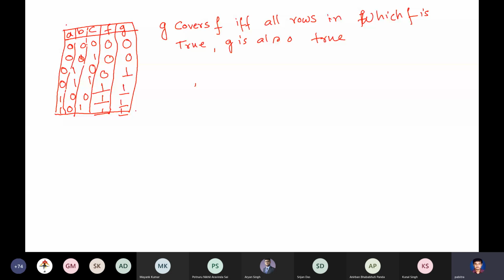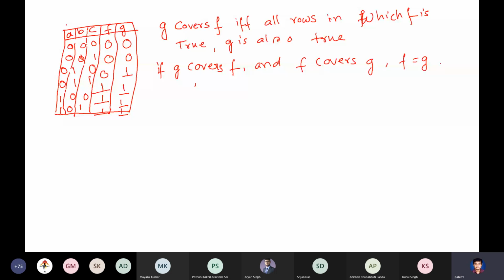Right. So in fact, you can easily see that if G covers F and F covers G, then F is equal to G. All right.